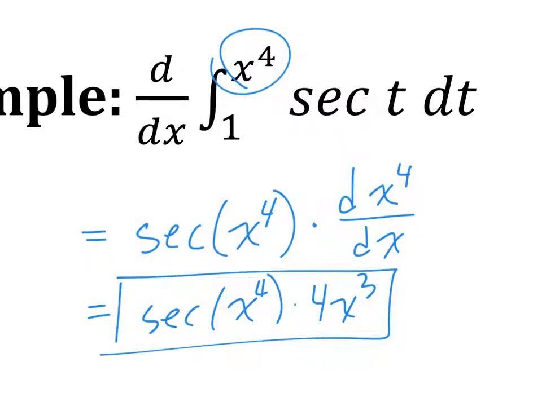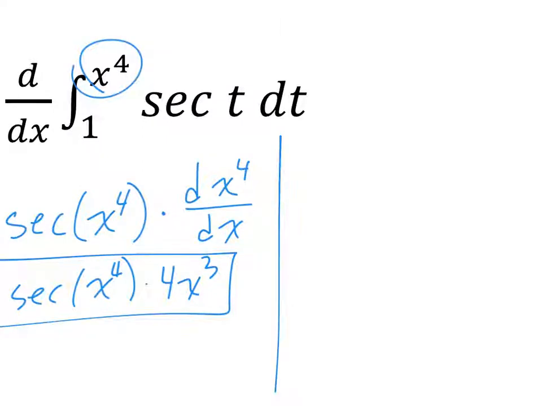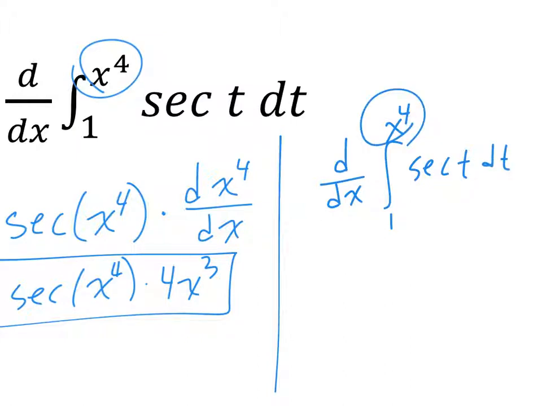Let's do it this way. d/dx of the integral from 1 to x to the fourth of secant t dt. Instead of x to the fourth, we're going to use substitution and change it to u.